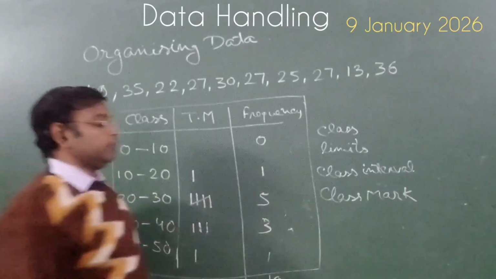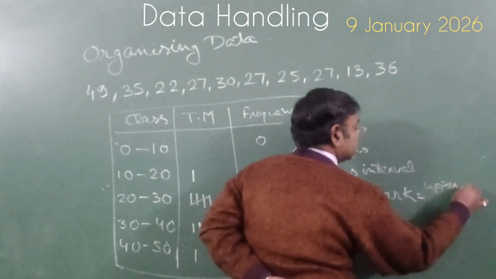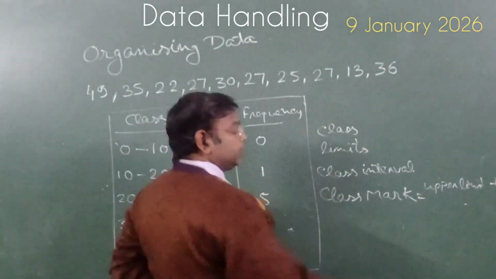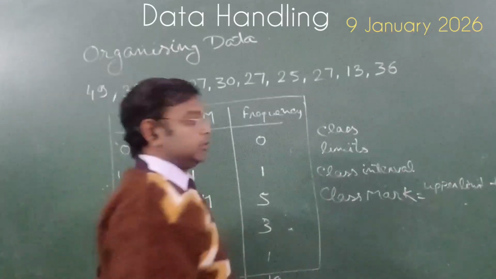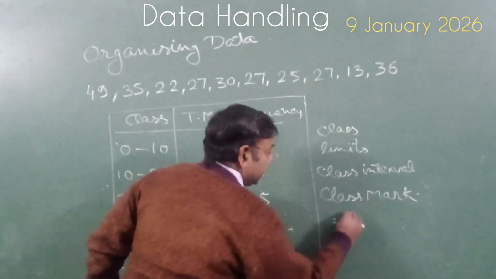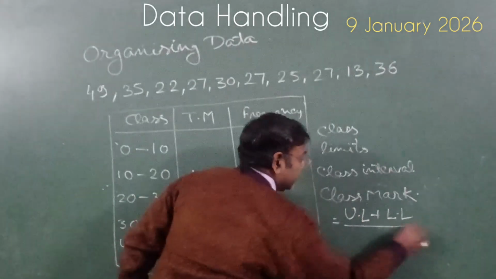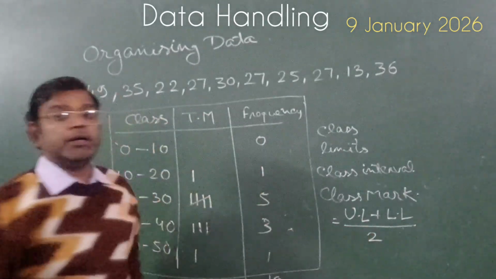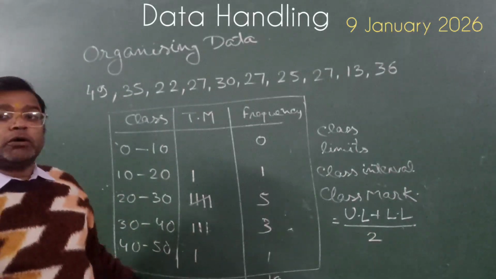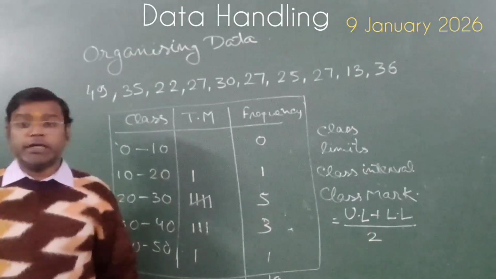So for class mark, we can write down the formula: class mark equals upper limit plus lower limit divided by 2. UL for upper limit, LL for lower limit. So I hope you are able to understand all the terms of this grouped frequency table. So we move to the next one.